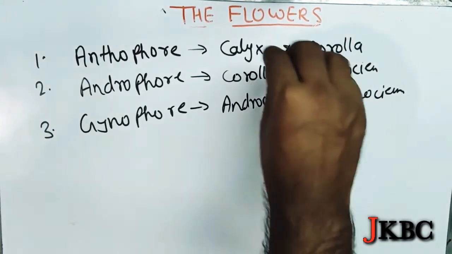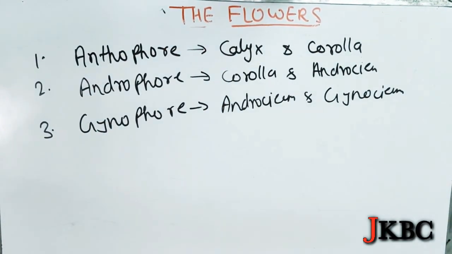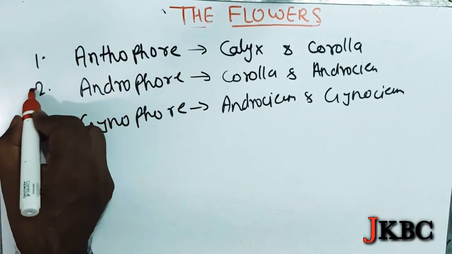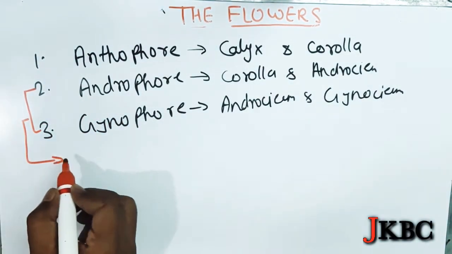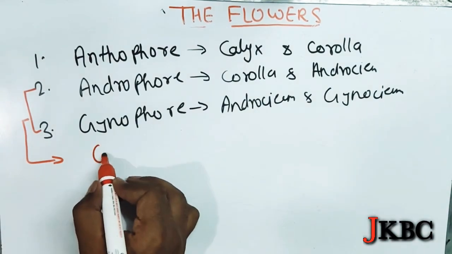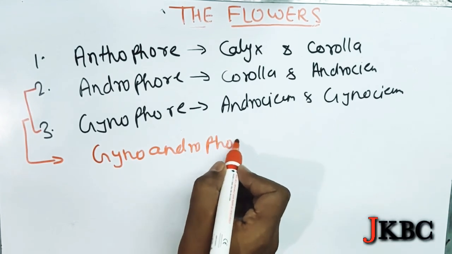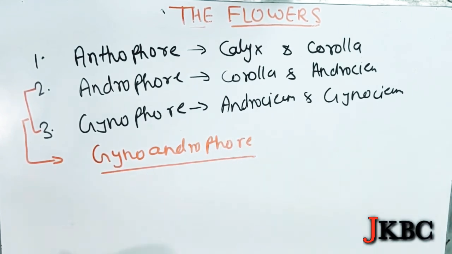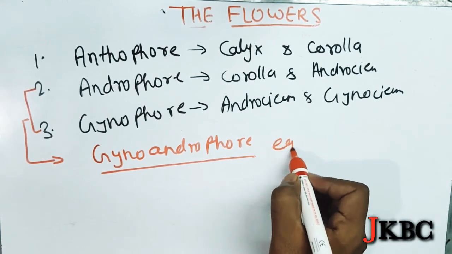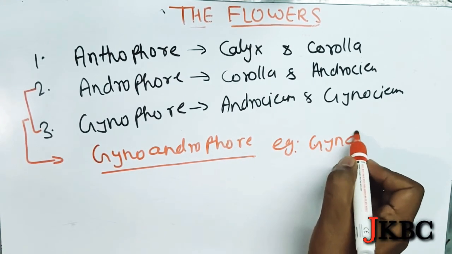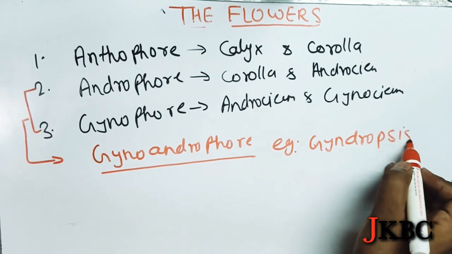Now if both come together, what is it called? If in a flower both androphore and gynophore are present together, then this is called gynandrophore. Okay, remember it. The example is the Gynandropsis plant.